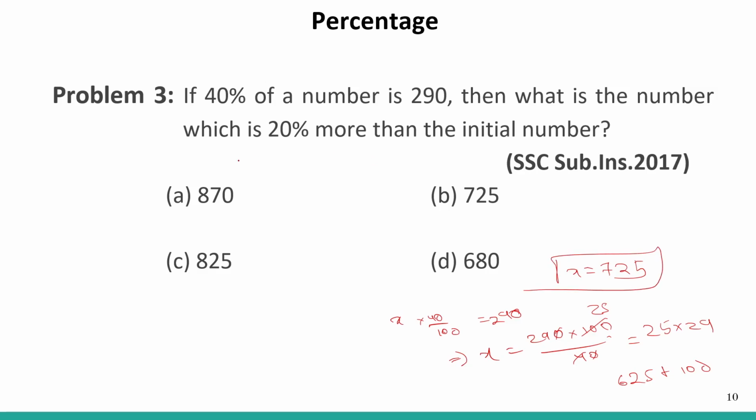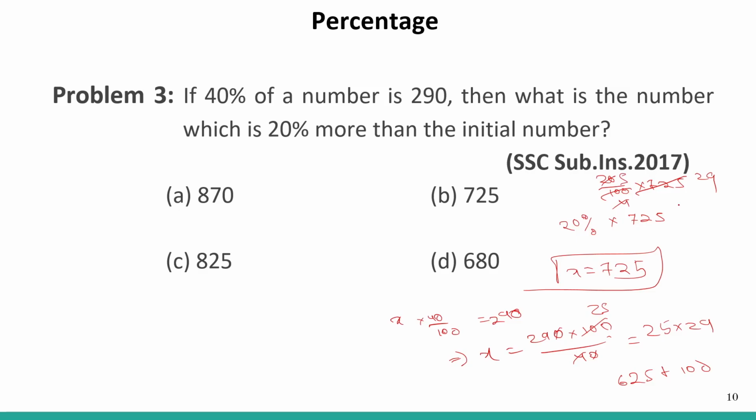So what we need is the number which is 20% more than the initial number. So 20% more, right? So 20 by 100 into 725. So this is 29, and by dividing it by 25, we are left with 4.